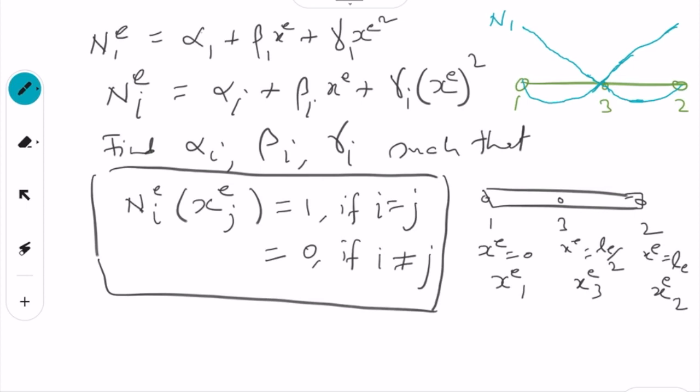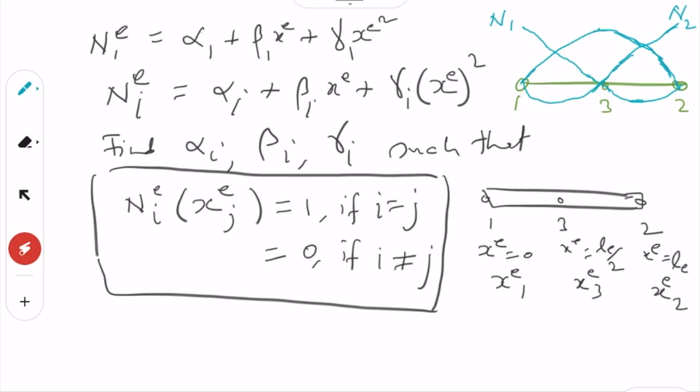So, it will go like this one, and this is n2. n3 has to be 1 at node 3, 0 at node 1, hence it will go like this, and again it will be 0 at node 2, hence it will go like this. So, this is how the function will look if you work out, if you solve them.